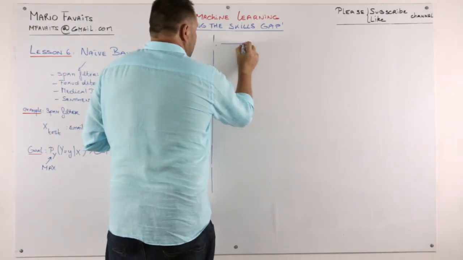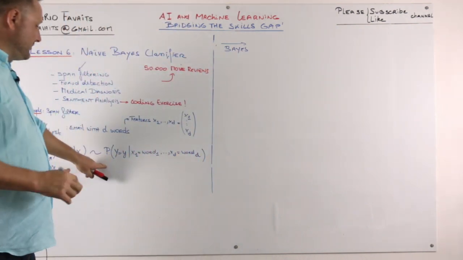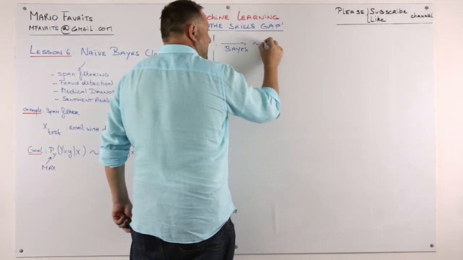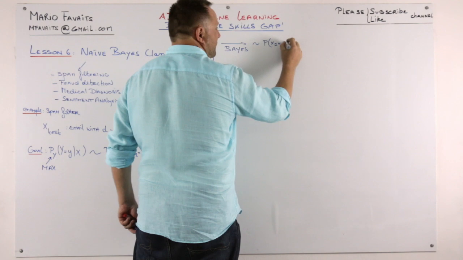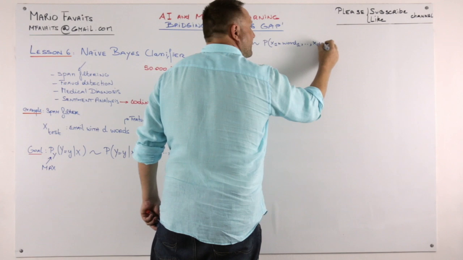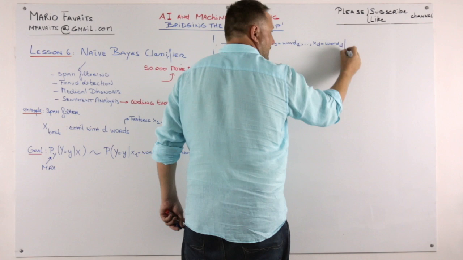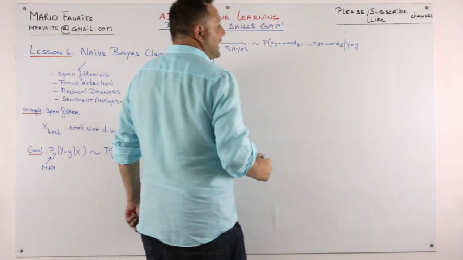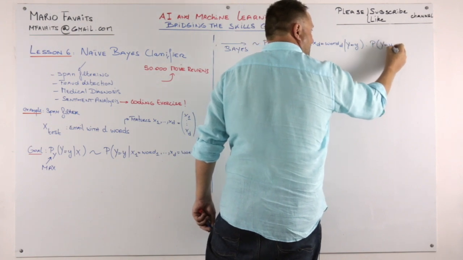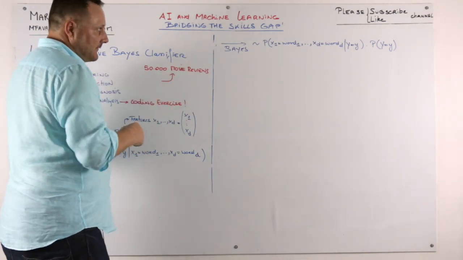So if we use Bayes now, this is equivalent to, I'm going to swap, the probability of X1 equals word 1, and then all the way to XD equals word D, given Y is Y, spam in our case, times the prior. As I said, I'm not writing the denominator.